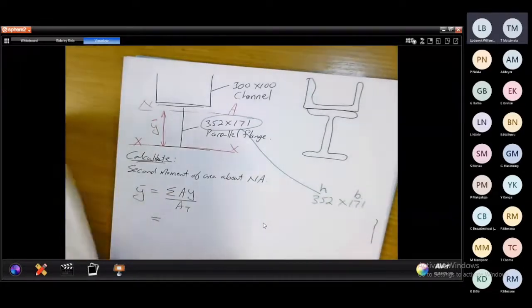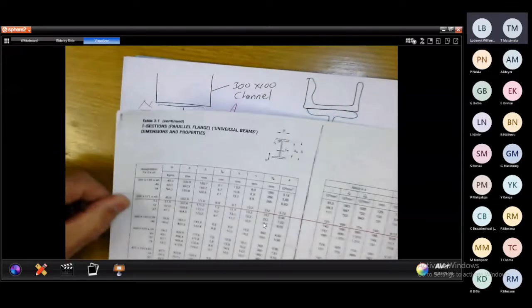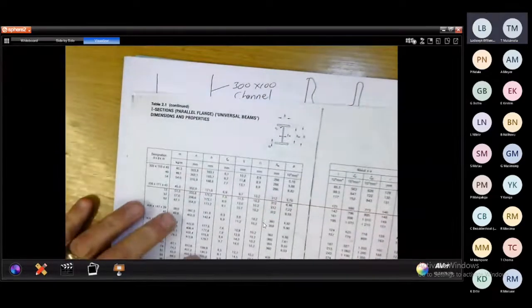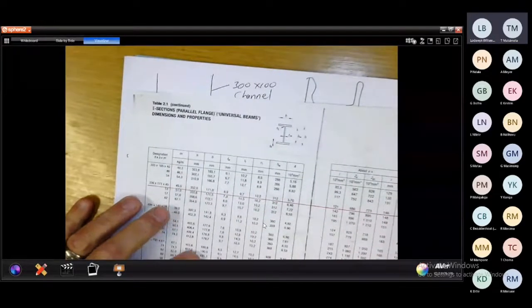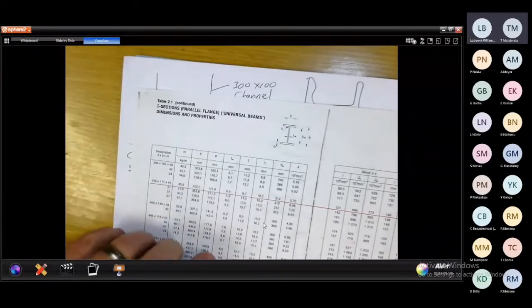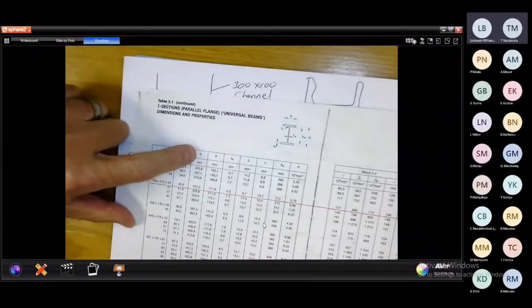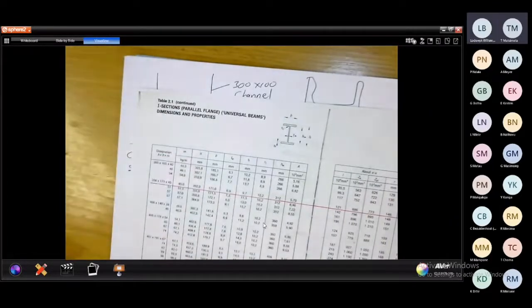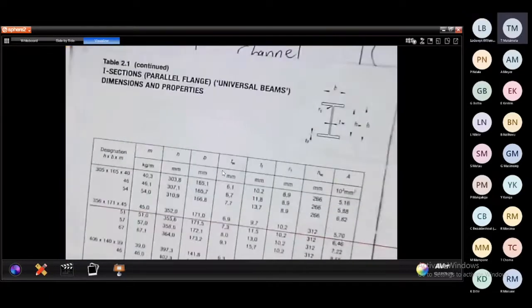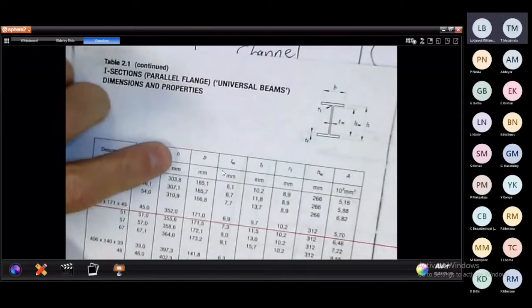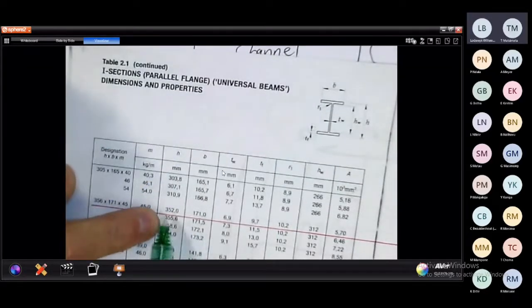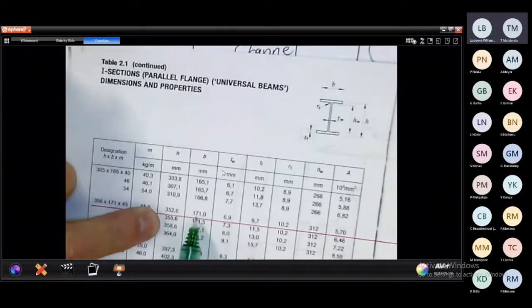That's why, if you look in your blue book, you're looking for the real height. This one is here, the real height. You're looking there for the real height, and you see the real height is 352, and your 171 is your breadth.